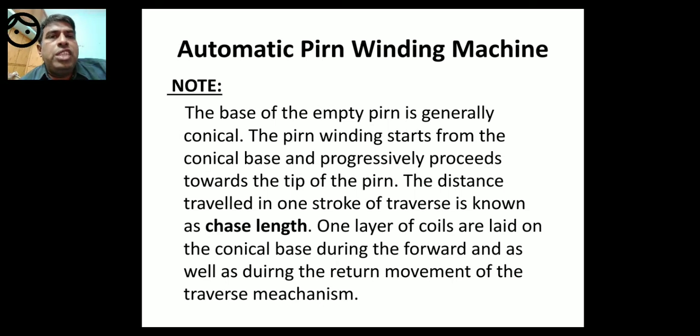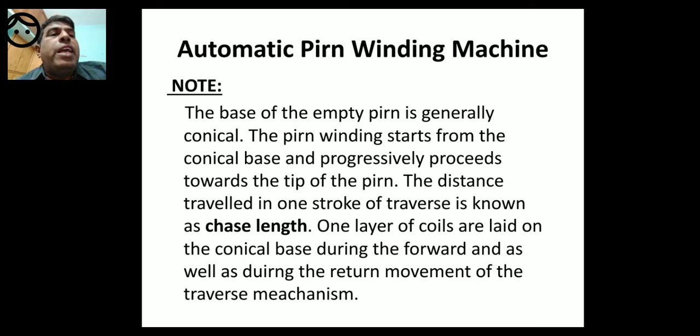It is from the tip of the pern that the weft is withdrawn during pick insertion in weaving, but the pern winding is done starting from the base of the empty pern. The base of the empty pern is generally conical. What does conical mean? It will be like a cone, in the shape of the cone.